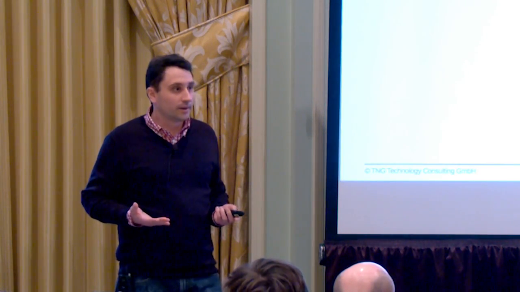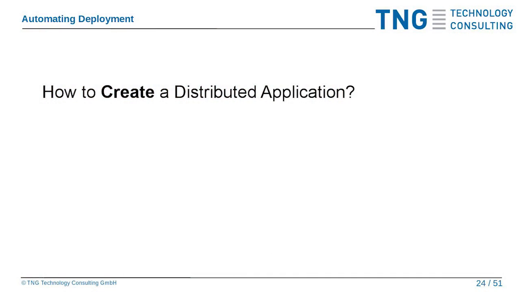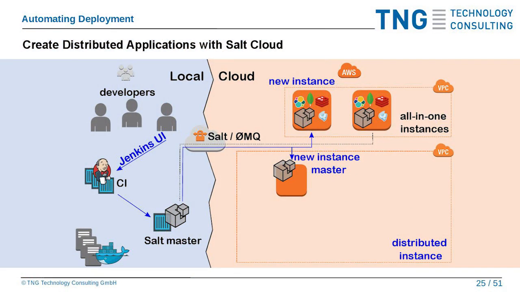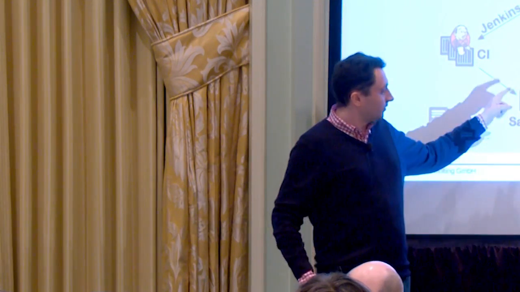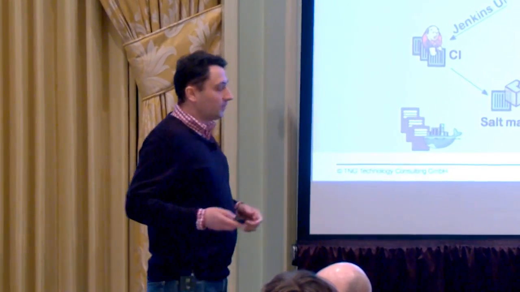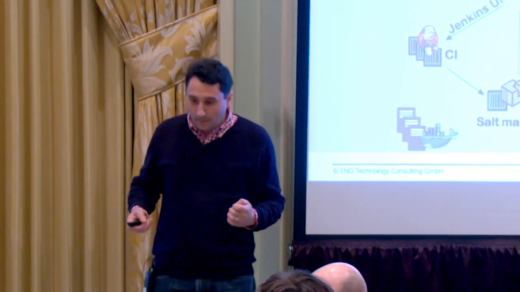But let's first step back and look at how a distributed application is actually created. You don't have the machines yet, and there are several options. We actually have chosen a two-stage deployment. The first thing that we do is exactly as in the single machine case: we bring up a new machine, which we call the instance master, from our Salt master. So the Salt master is using Salt Cloud to bring up a new machine in an Amazon VPC, virtual private cloud.